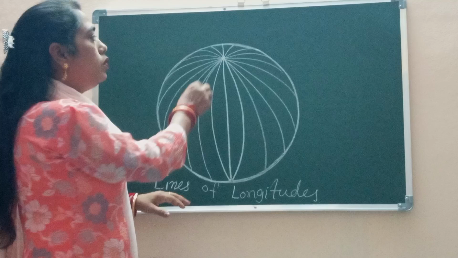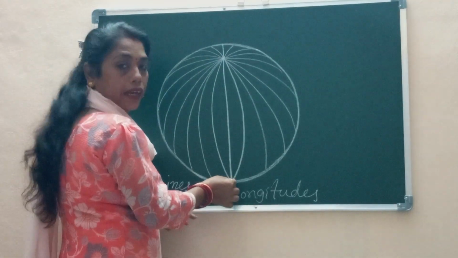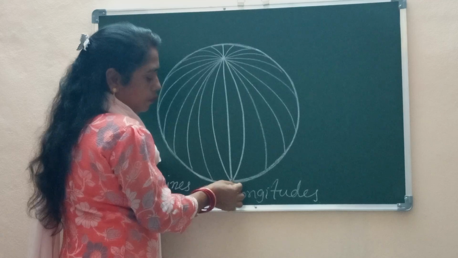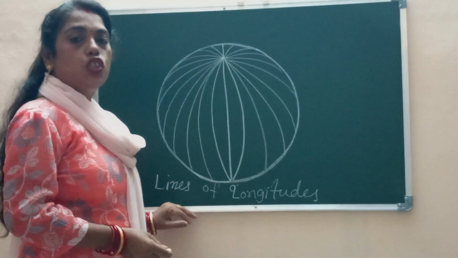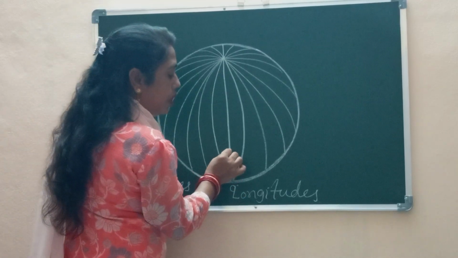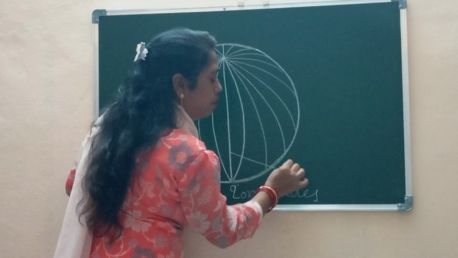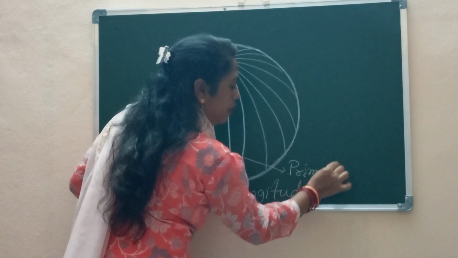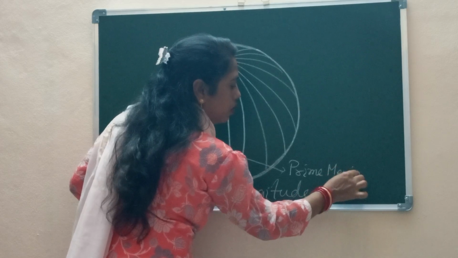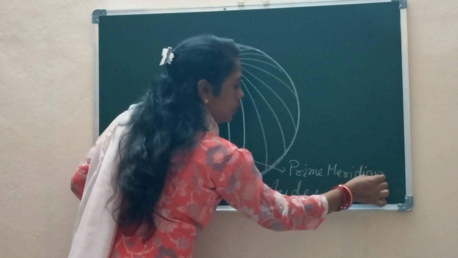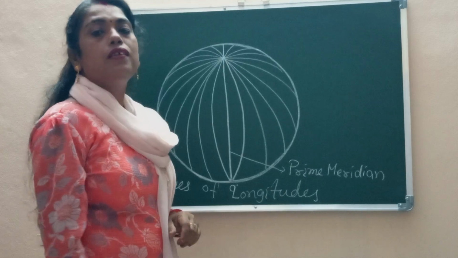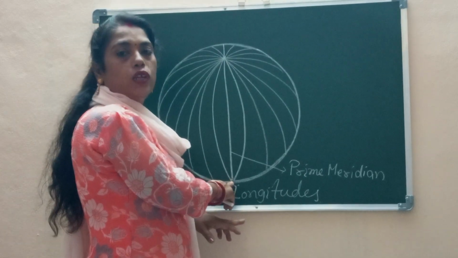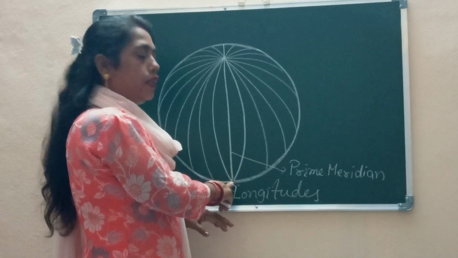Here this is the first line, which is made 0 degree, and its name is prime meridian. This line is also known as the Greenwich line. The 0 degree longitude is also known as the Greenwich line.